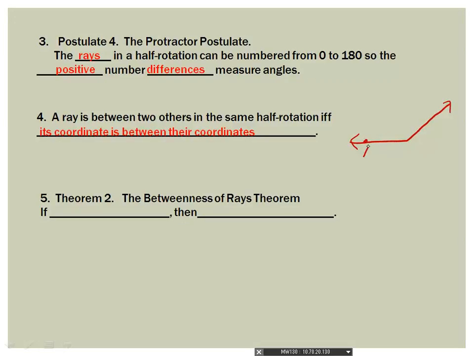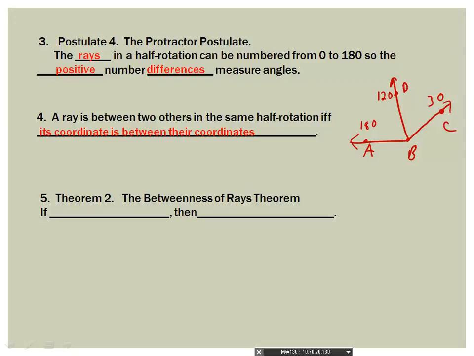All right, so for instance, if this has a coordinate of 180 at A, and if the coordinate is 30 at C, then the way that we know that this ray BD is between them is by the fact that its coordinate, and let's say that the coordinate for this one is 120. 120 is between 30 and 180. That's how we know that.